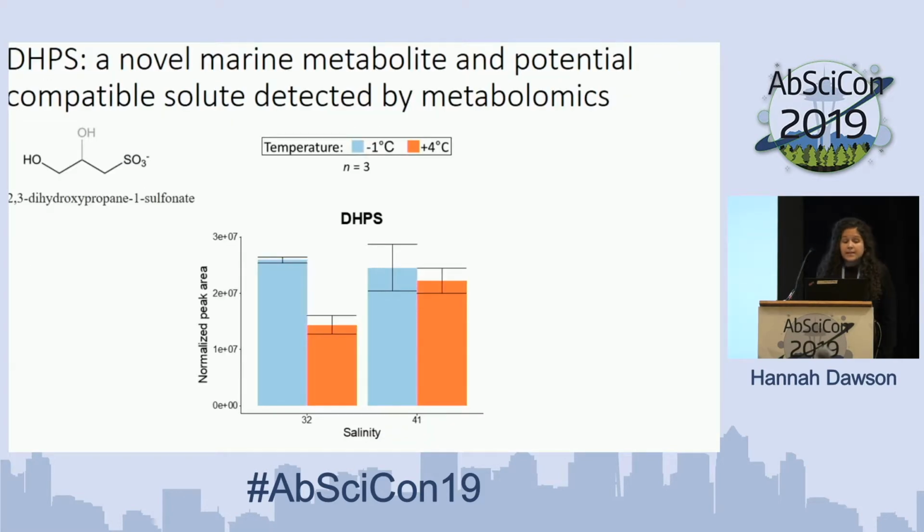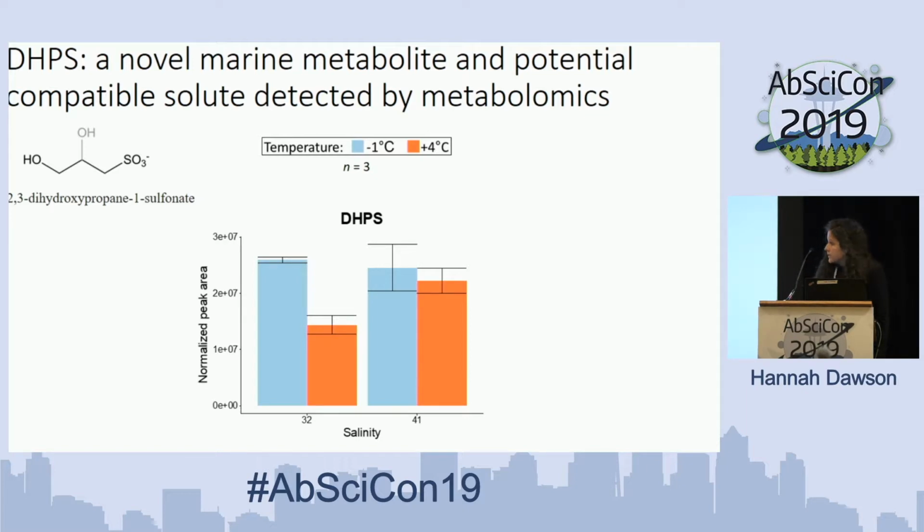And one of the cool things that this method can do is not only look at those compatible solutes we already know exist or are important in ice algal cells, but find new potential candidates that act as compatible solutes. And one of these that came out of this study was DHPS, which is dihydroxypropane sulfonate. And this is a relatively newly studied metabolite in the oceans in general, and we don't have a great idea what it's doing in any ocean environment, let alone in sea ice, but it has shown potential as a compatible solute.